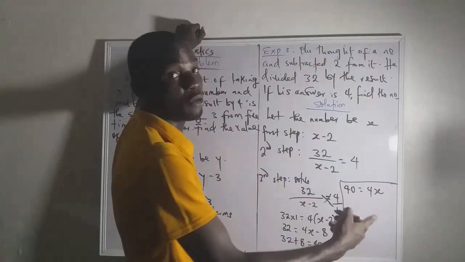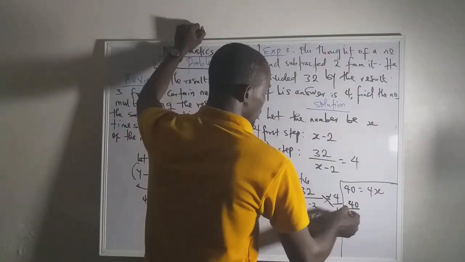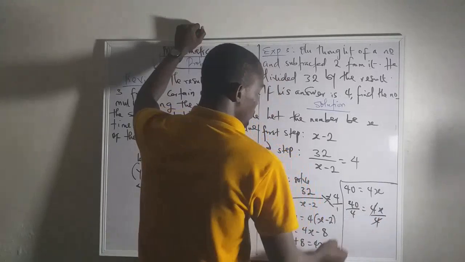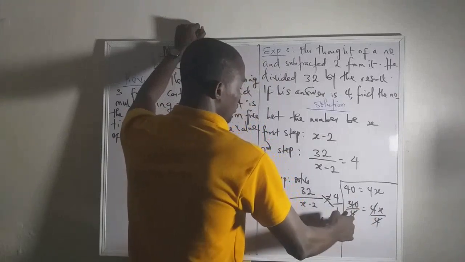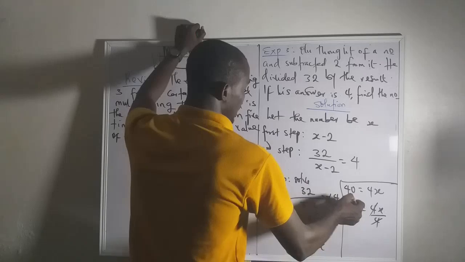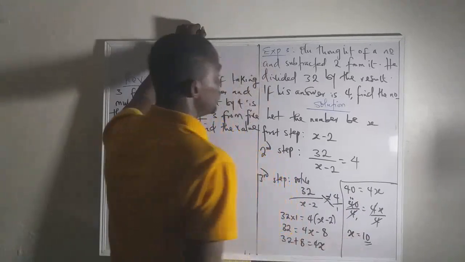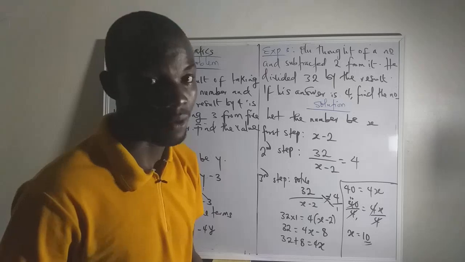So you divide both sides by what? You divide both sides by 4. So we have 40 over 4 equals to 4x over 4. 4 cancels 4, so 4x over 4 is x, and 40 over 4 is 10. So our x is 10. So the value for the unknown here is x, and we can confirm our answer.